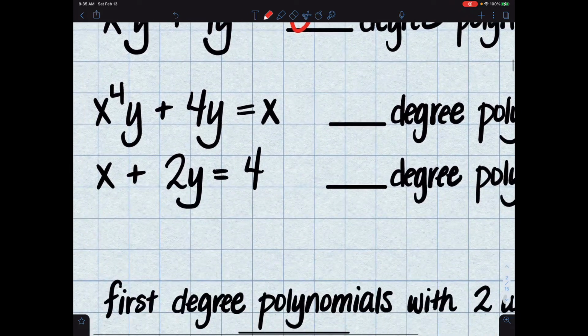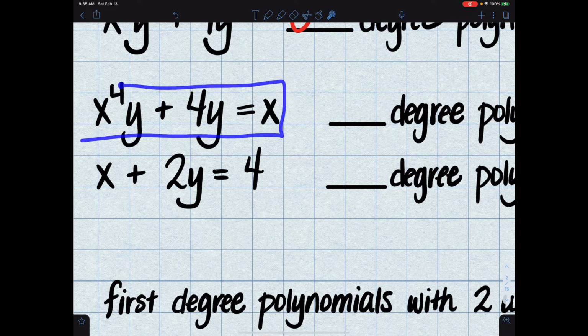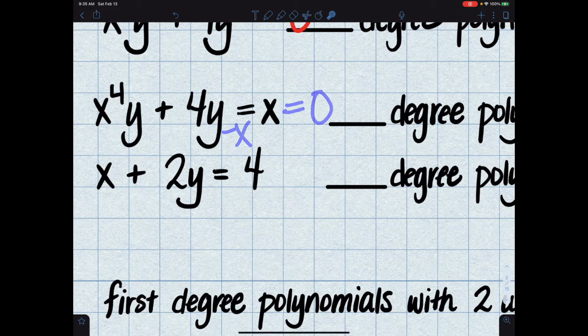Sweet. And then let's look at the next one. This is the entire polynomial right here. And we do include this x over there because it would be easy to just subtract an x on that side and have it equal to 0, right? So it could be on any side of the equal sign. We still have to look at all the terms. It looks like this term is going to be the winner, winner, chicken dinner.